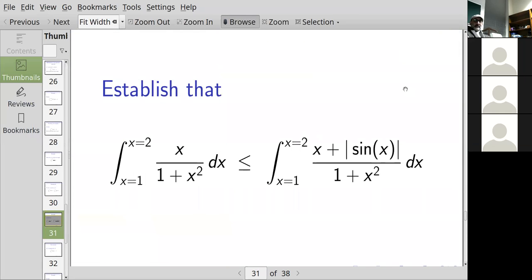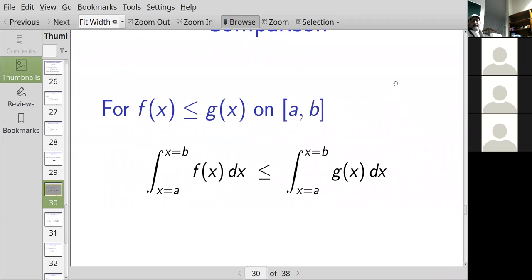Sir, can you go back to the previous slide? Number 30. Sir, I didn't get the point that if two graphs are starting from the same point and ending on the same point, how can their areas be different? You say that the area of f of x is less than the area of g of x. They're starting from the same point, both starting from a and both ending at b.